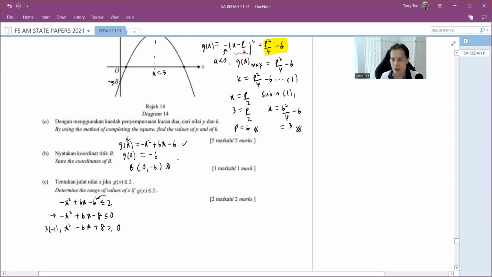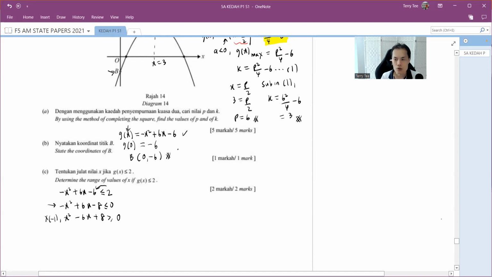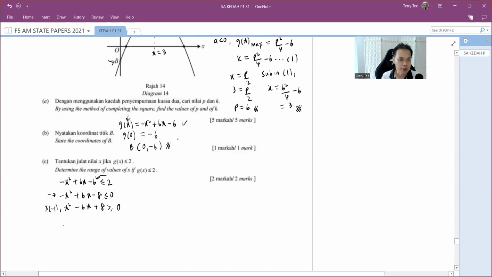And so what we have here is a quadratic inequality. And to solve quadratic inequality, we have to sketch a graph. But first, we need to factorize this. What is a factor of 8? I should use 2 and 4. To get 6, I must use 2 and 4. Both are minus. Factors of 8, 8 and 1, 4 and 2, 4 plus 2 gives us 6.